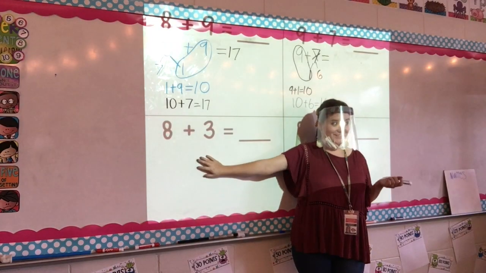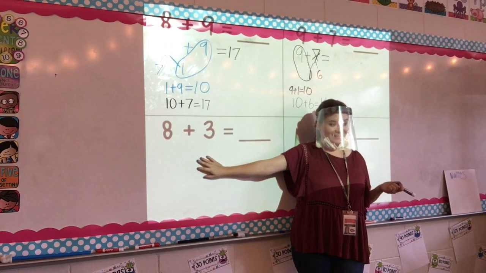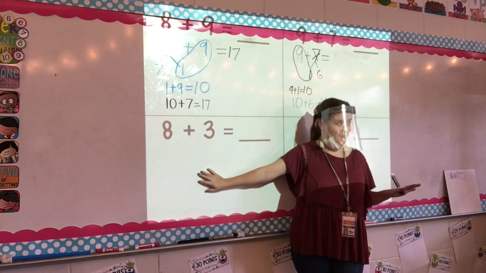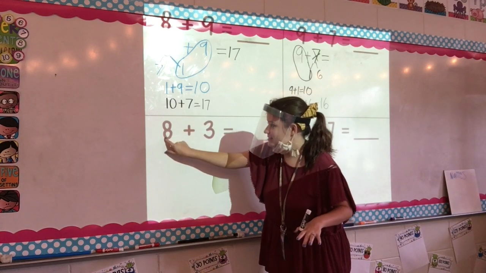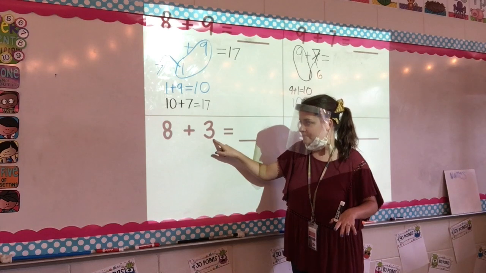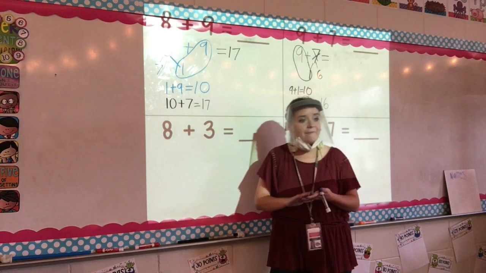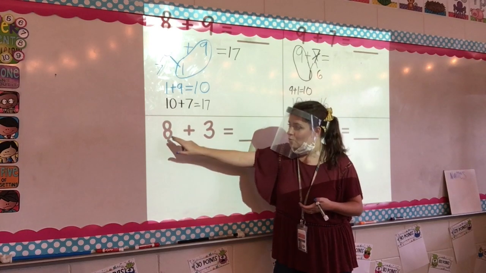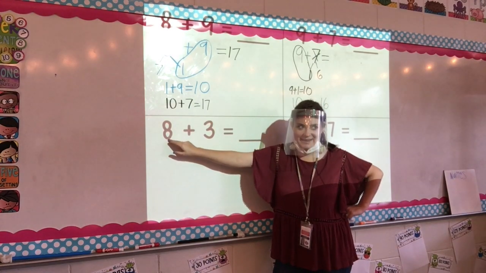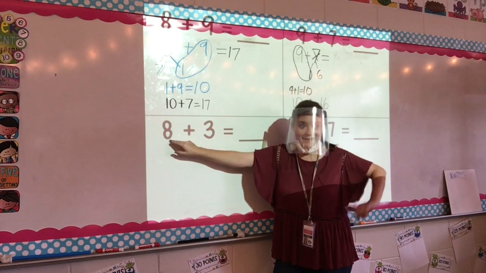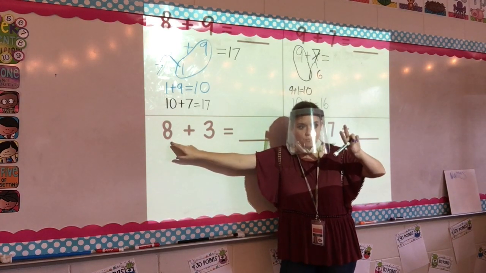This one's different. Take a look at this one. Did we erase our boards? No. 8 plus 3. I don't have a 9 this time. I just have an 8. What does 8 need to get to 10? 2.